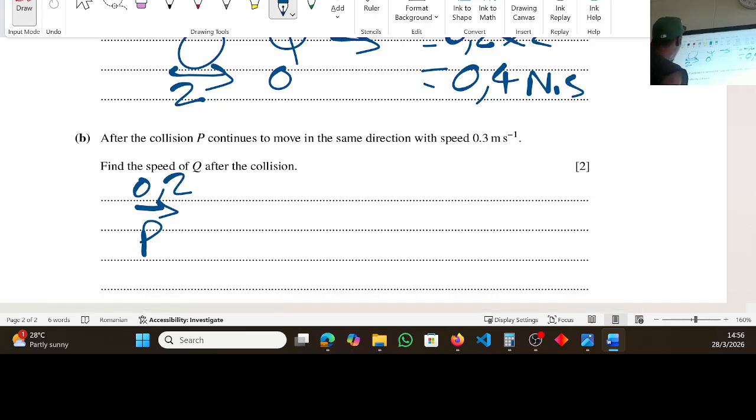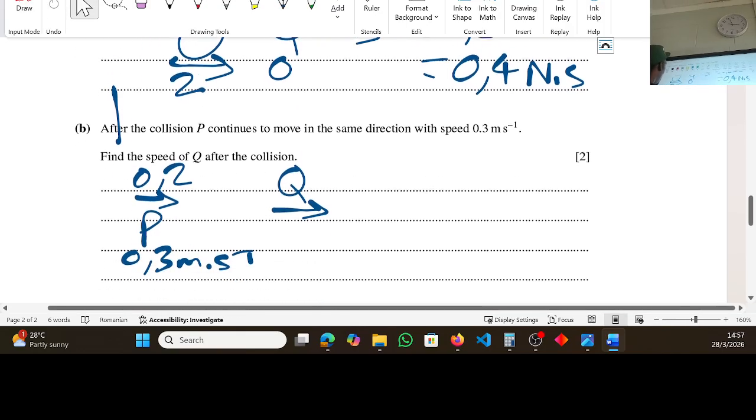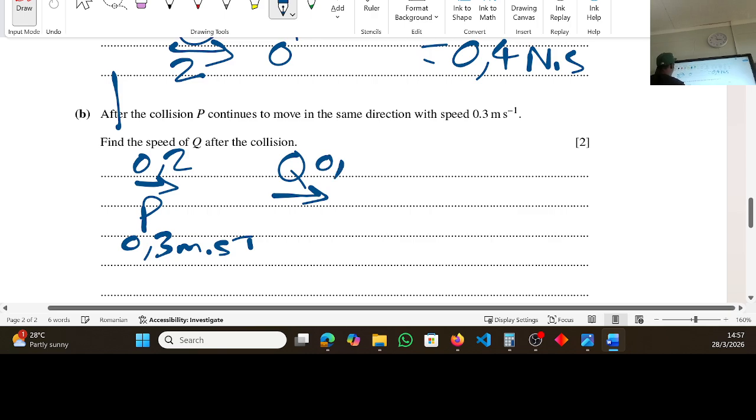And what happens to Q? Q continues in the same direction with speed 0.3 meters per second. Find the speed of Q. We assume Q will begin to move in this direction, and we had the mass of Q, which is 0.5 kilograms.